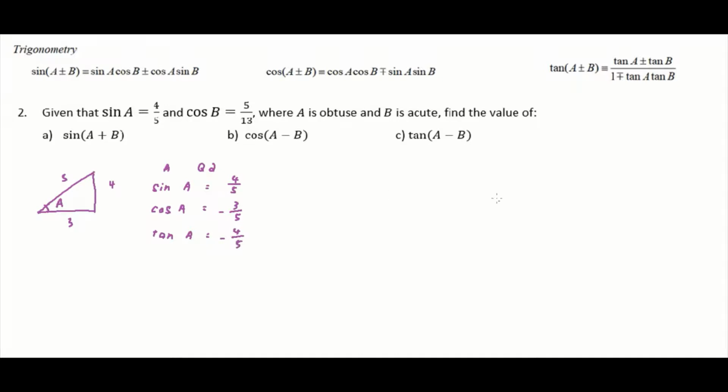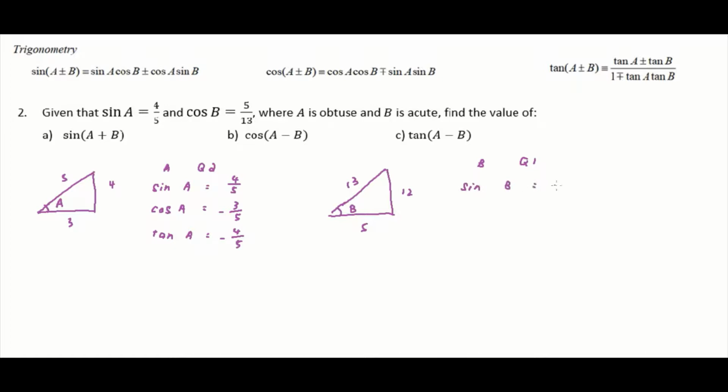Okay, so same thing, let's try to do for B. You can just draw a triangle. So cos B, meaning that your adjacent is 5, your hypotenuse is 13, so your opposite should be 12. Alright, since B is acute, meaning B is in quadrant 1. So in quadrant 1, you do not need to worry because all your sine, cos, tangent are positive.